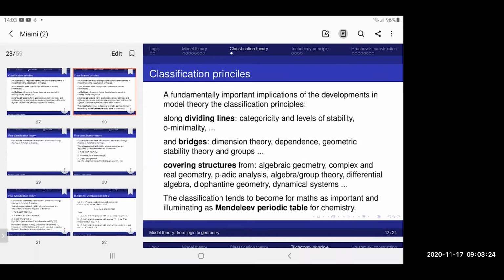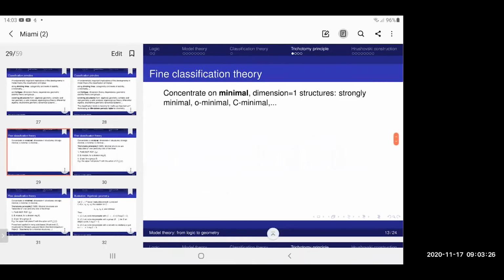Okay, so now after we talked that much about general classification theory, I will concentrate on something that we often call fine classification theory.